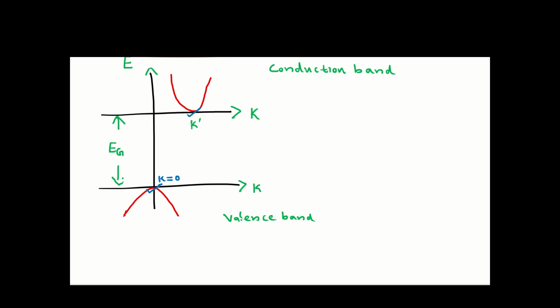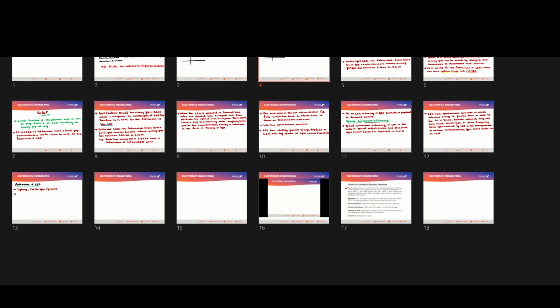Then again consider the previous diagram. Here I have already stated that the minima of the conduction band and the maxima of the valence band occur at different values of momentum. Again I am drawing this diagram one more time for explaining one more concept.